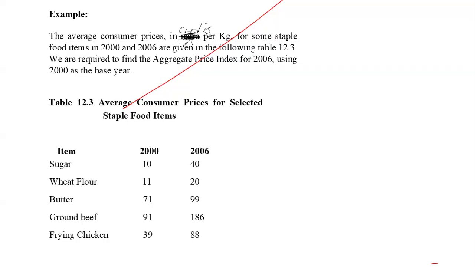We are required to find the aggregate price index for 2006 using 2000 as the base year. So the year 2000 is the base year. You do this and divide it by this, because you always divide by the base year. So that's what you do.